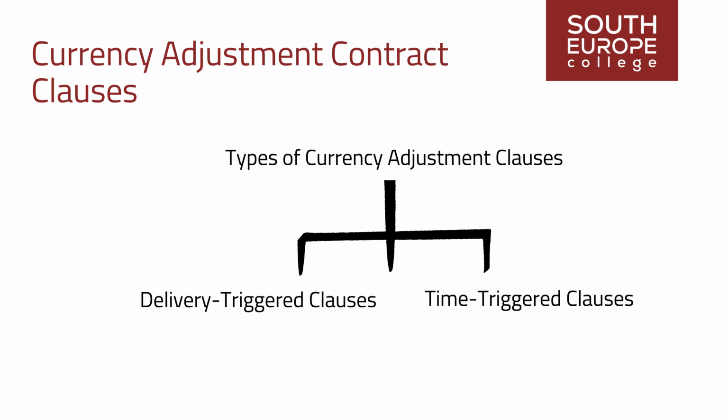If the rate falls outside the range, the buyer or seller can ask to renegotiate the contract price. Time-triggered clauses stipulate that both parties will review a contract at specified time intervals to evaluate the impact of fluctuating exchange rates. The parties review the exchange rate at scheduled intervals, and a new contract is established if the rate falls outside the agreed-upon range.